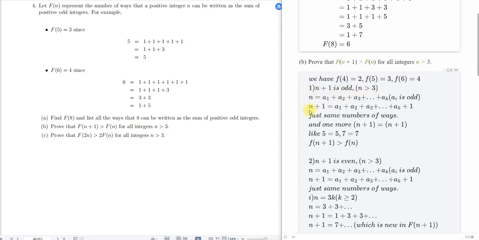So n plus 1 equals a1 plus a2 plus a3 plus etc. plus ak plus 1. Just the same number of ways, and we will have one more because n plus 1 is odd. So we have one more, n plus 1 equals n plus 1, like 5 equals 5, 7 equals 7.